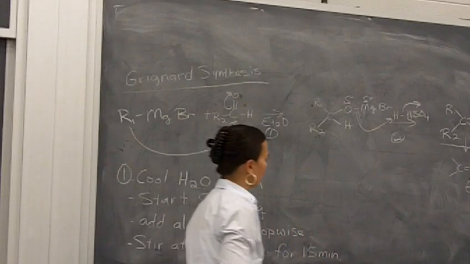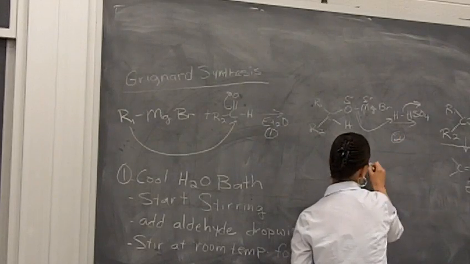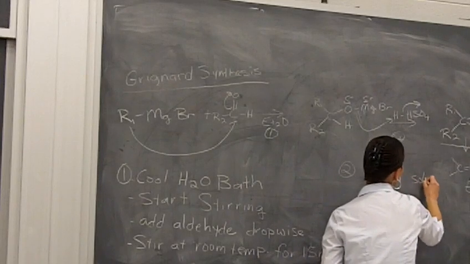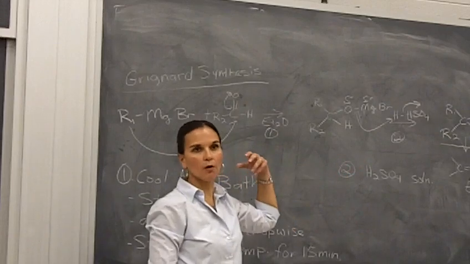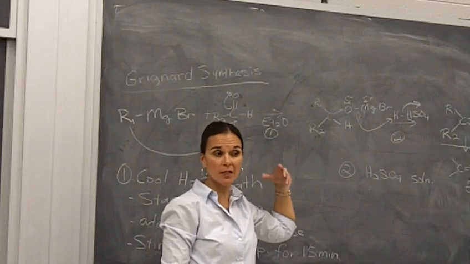While that is stirring, you want to prepare your sulfuric acid solution that you need for the workup here, okay? You have 9 molar sulfuric acid, so you need to be careful with it.